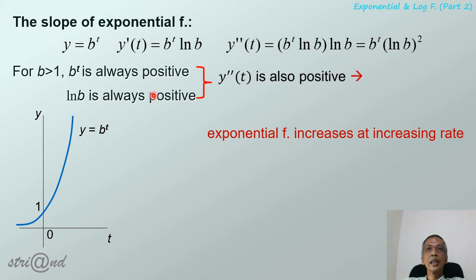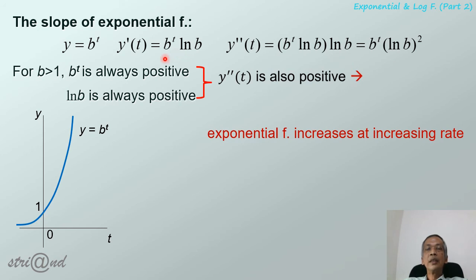So we can conclude that because b to the power of t is positive here, and the natural logarithm of b is also positive, the first derivative must be positive as well as the second derivative, because we can see here b to the power of t and the natural logarithm of b squared. So both the first and the second derivative must be positive.